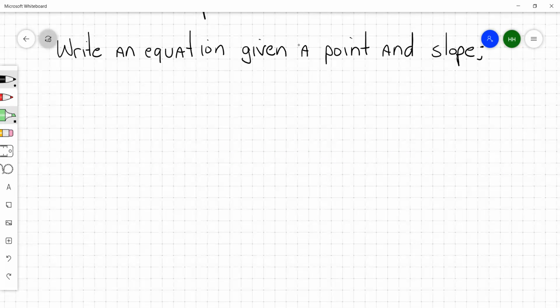So let's say that we're going to kind of do a column here. In this first column, we're going to make it the slope column, and then the point column, then the equation column.